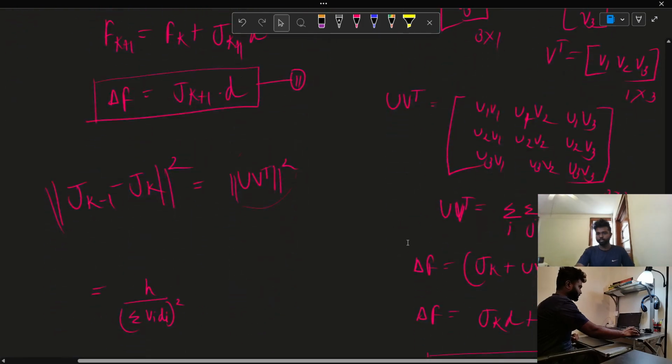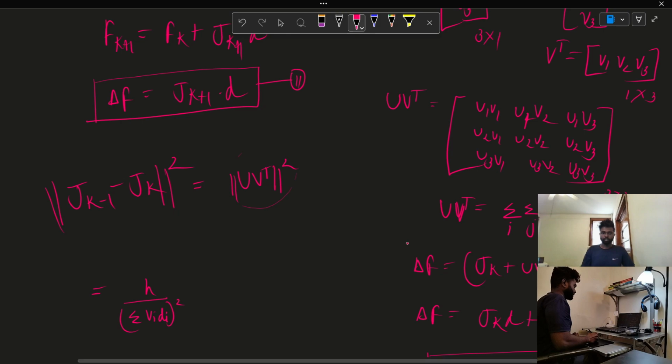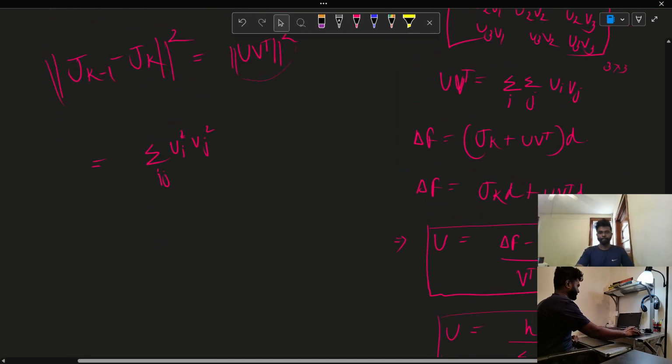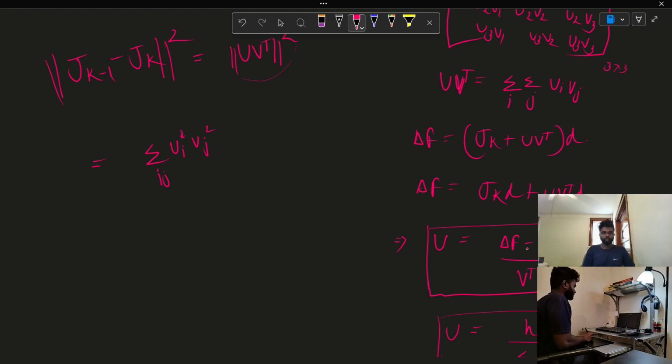You need to convert this into the summation form. Sorry, I forgot that. So this will be equal to the summation, if you take the whole square of this, over i, j, it will be u_i squared v_j squared. Now we'll just substitute the values, put these values in the double summation over i, j. Let me write it again properly.